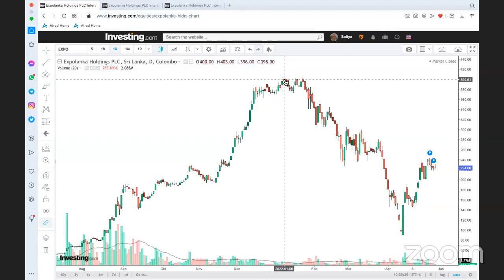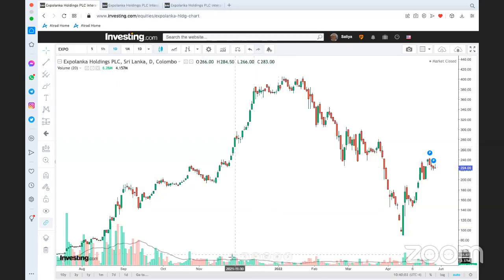And now over here, it has opened at 400 but closed at 390, which means it has closed lower. So it's a red candle. So whenever you see the green candles and the red candles, you know that it has either closed above the open price or closed below the open price.